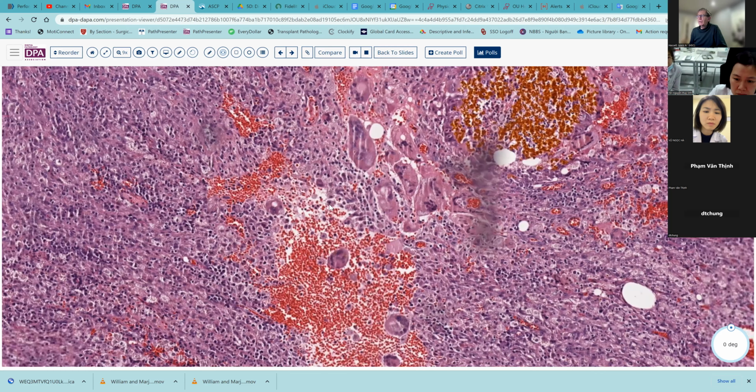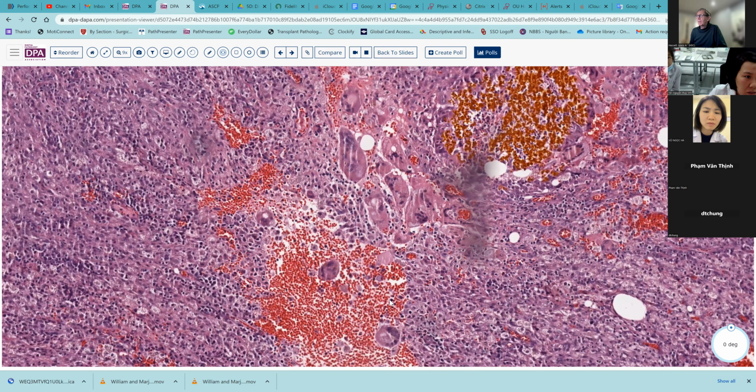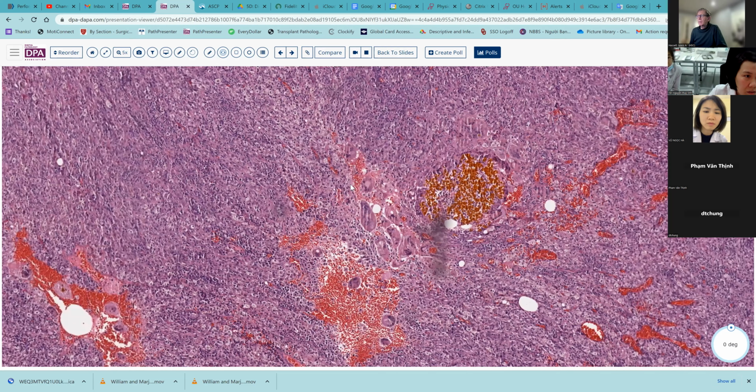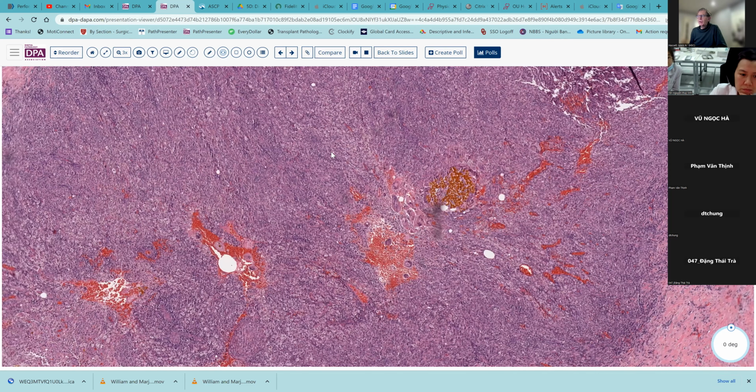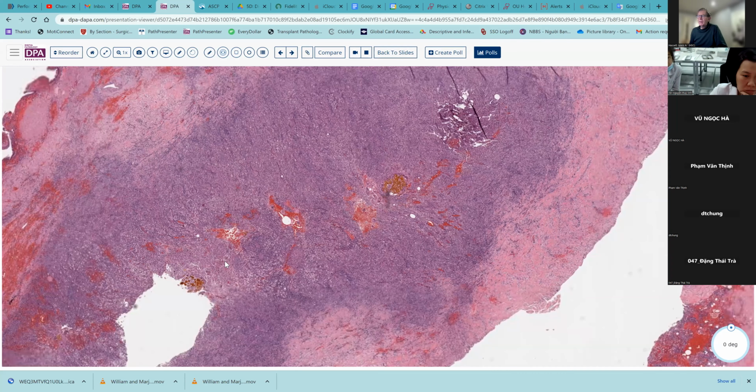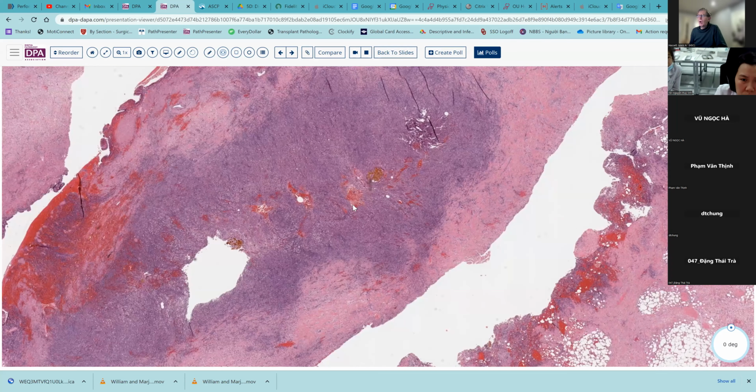So here we see some giant cells of the multinucleate type that are reacting to the bile and the debris in the lumen as though it were foreign material. And that's probably because we've broken down the mucosal barrier and these have become lodged in the wall.